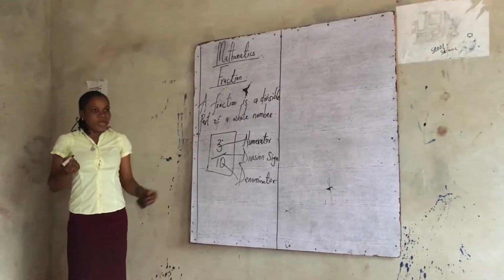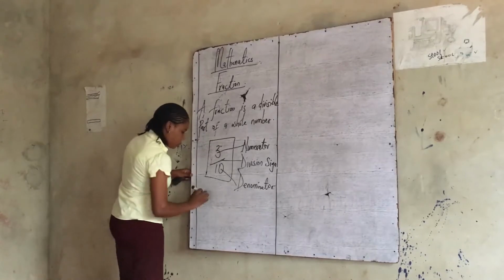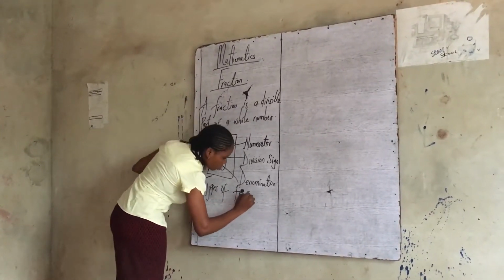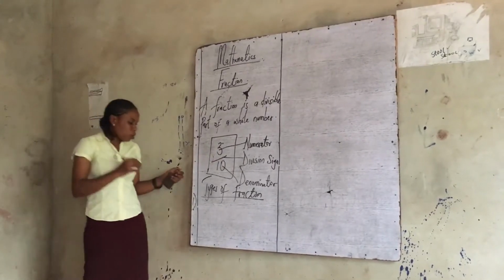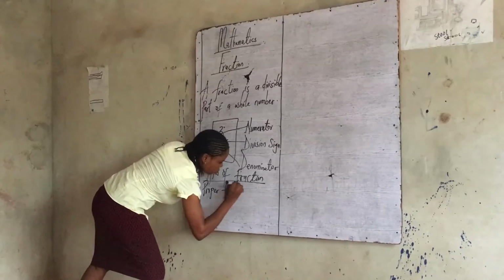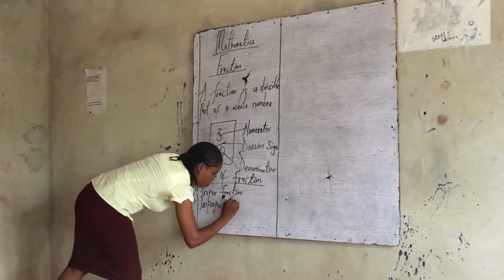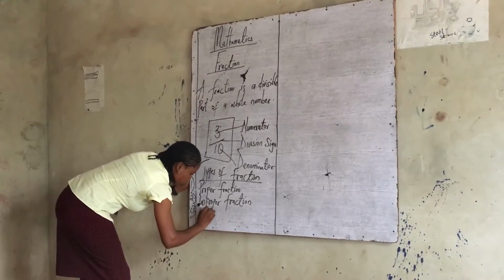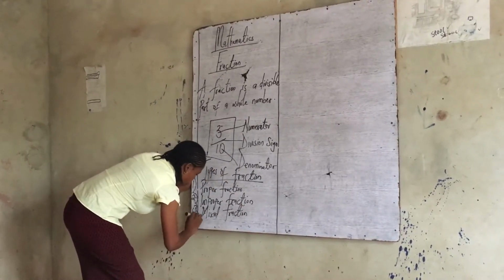Now, the types of fraction we have are proper fraction, improper fraction, mixed fraction, and the decimal fraction.